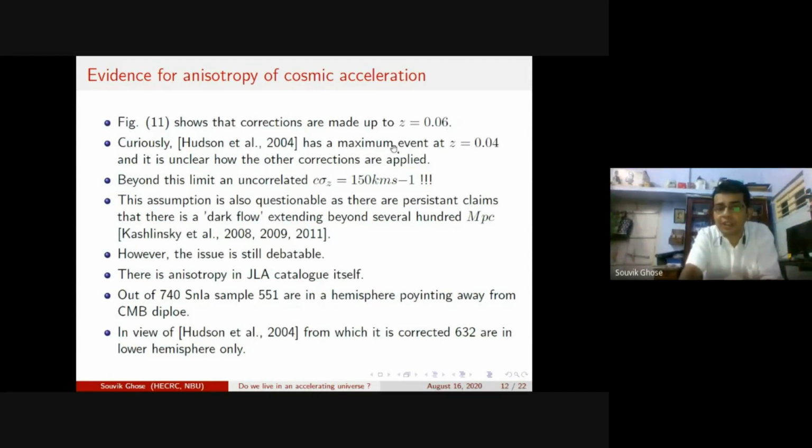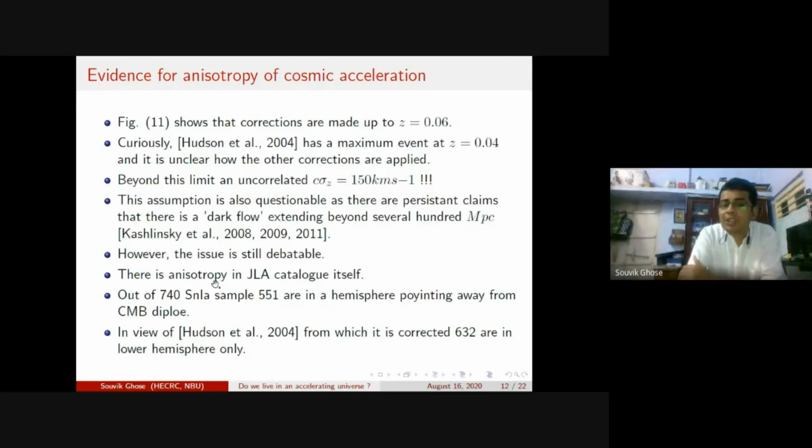Beyond this limit, there is an uncorrelated c sigma_z of 150 kilometers per second, but they do not justify that as well. This assumption is questionable. There are persistent claims that there is some sort of a dark flow extending beyond several hundred megaparsec. Although these issues are debatable, there are claims.